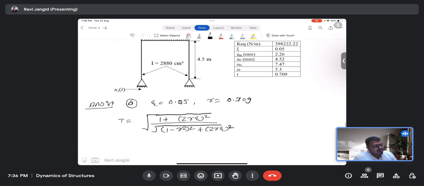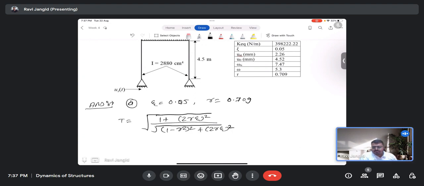Use this xi and R value to find the transmissibility. That is coming out to be 2.